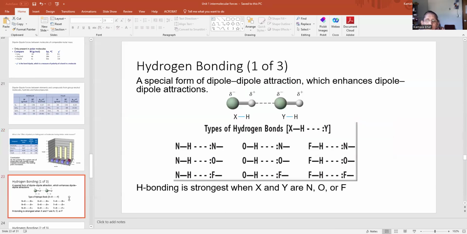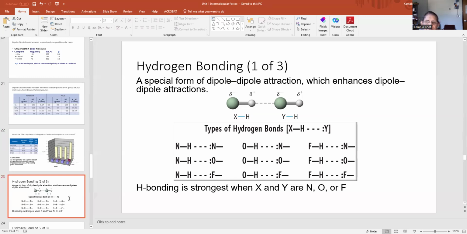Now, hydrogen bonding. There are 3 slides continuing with this hydrogen bonding, and I want to go through each. First of all, hydrogen bonding is a special form of dipole-dipole attraction which enhances the dipole-dipole attraction. So a hydrogen bond, as its name implies, is between hydrogen and another atom.